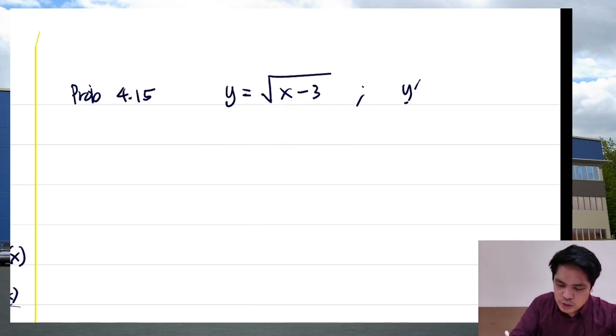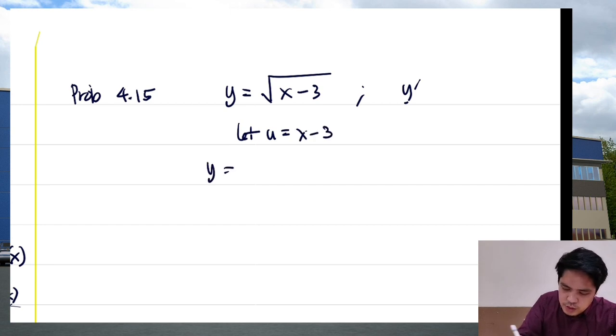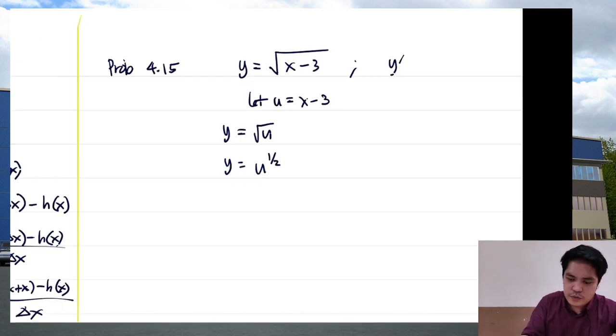So yung mother function natin is ito. So gamitin na natin si u. If we let u equal to x minus 3, so y is equal to square root of u, or we could rewrite y as u raised to 1/2.